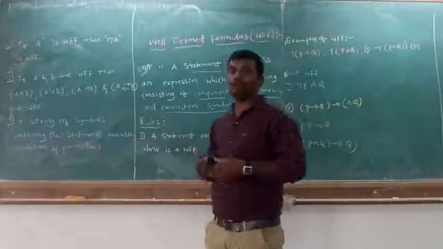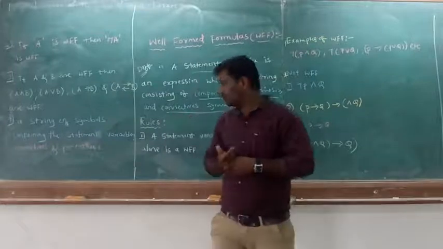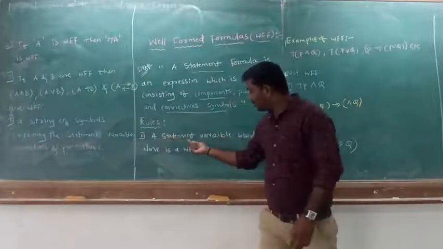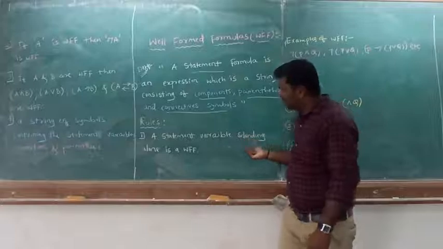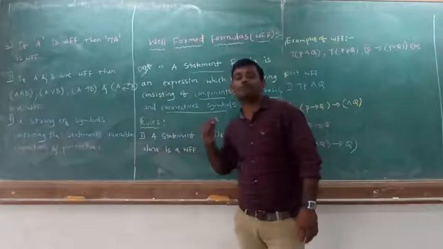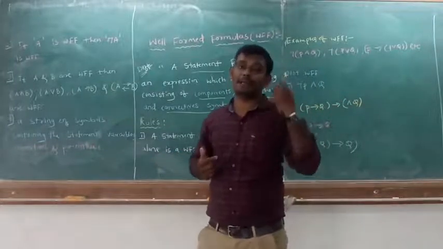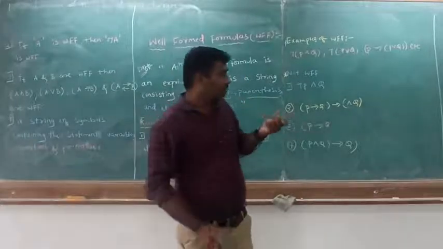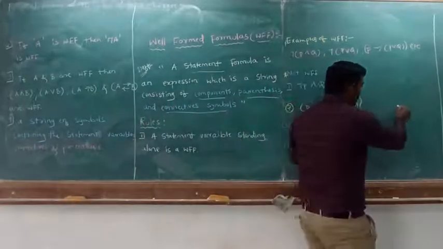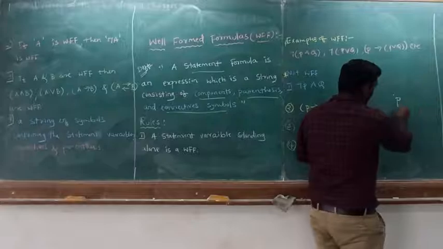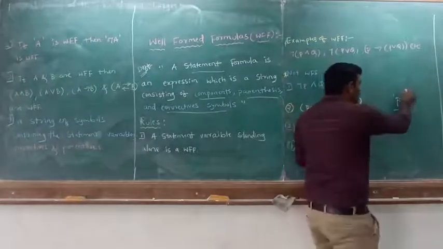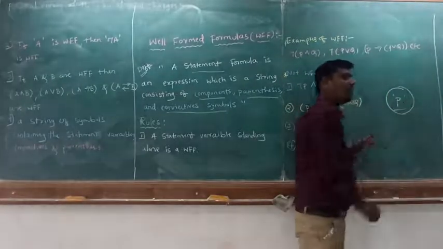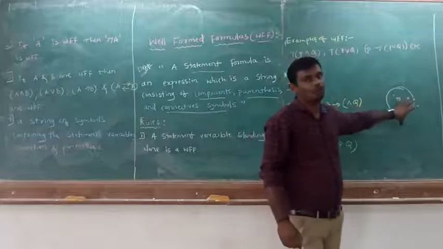So in total 4 rules will be there. The first rule is that a statement variable standing alone is a well-formed formula. Any primary statement alone, that is, a single variable, for example P, is one statement formula and one well-formed formula.